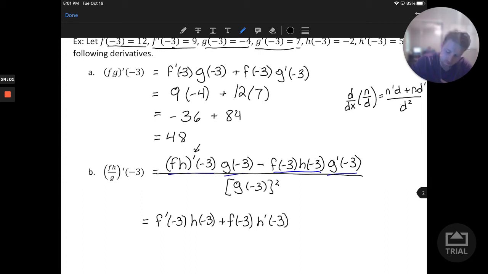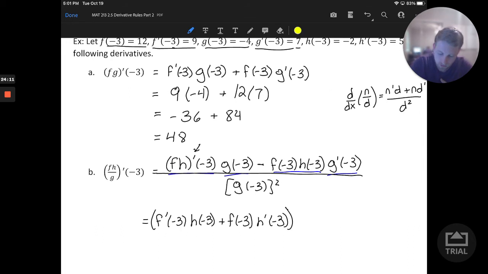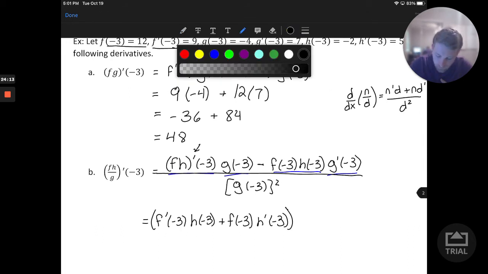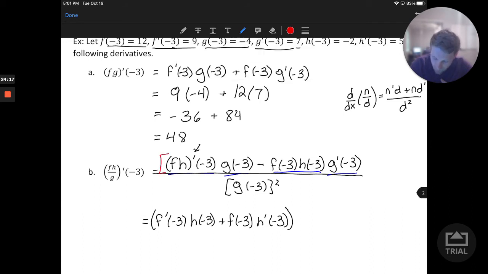So that is really the product rule that would be in that first position. And if I highlight here, maybe in red, this section is just that product rule, all fleshed out.